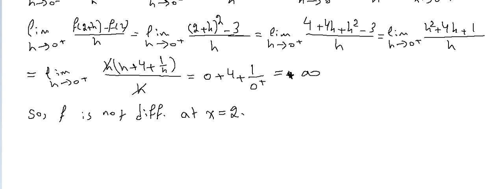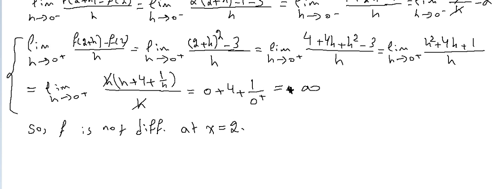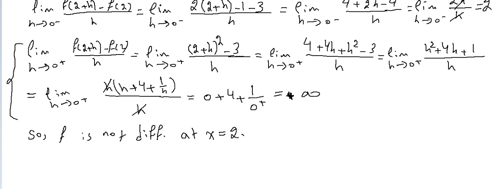If from the beginning we started with the limit as h tends to 0 plus, and we found it to be plus infinity, for sure it will not be differentiable. We don't need to continue to find the limit as h tends to 0 minus.